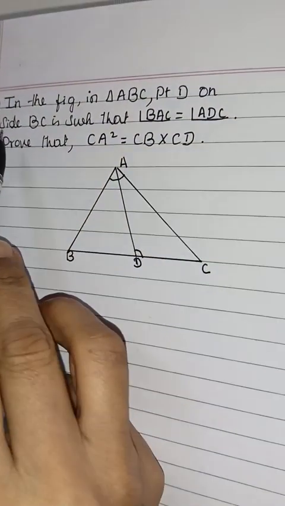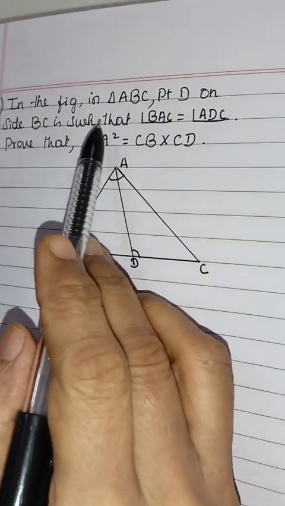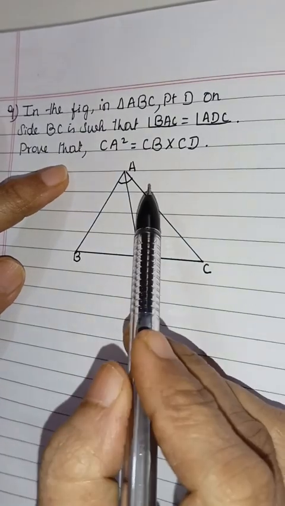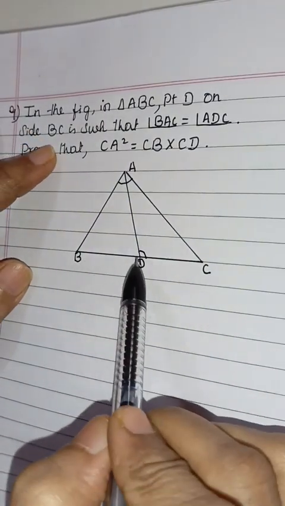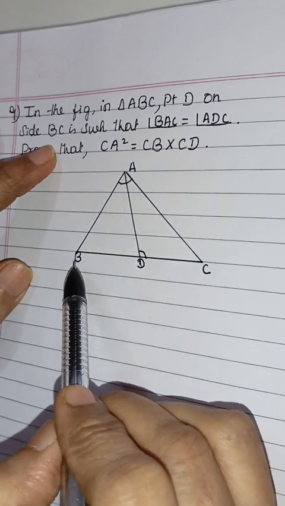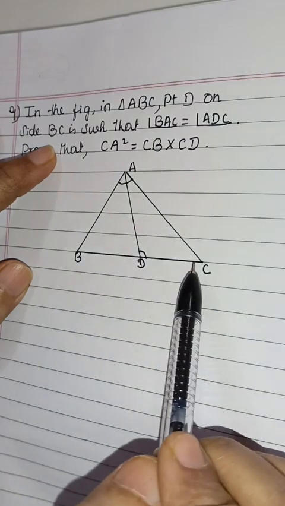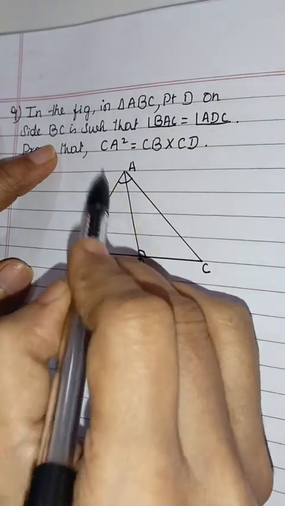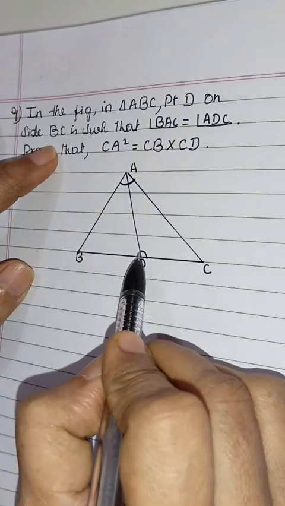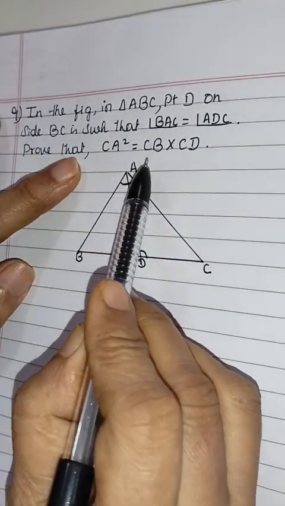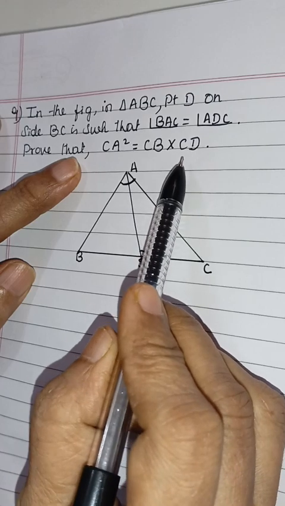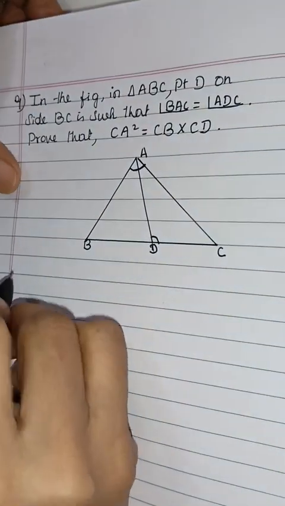Ninth one is, in the figure, triangle ABC, point D on side BC, such that angle BAC is equal to angle ADC. This angle is equal to this angle ADC. Prove that CA square equal to CB into CD. So first we'll write given.